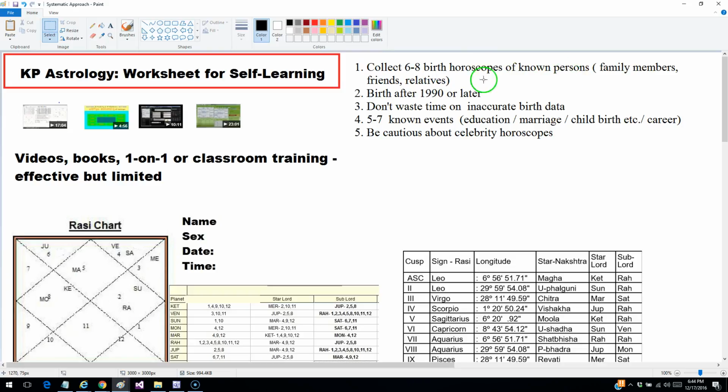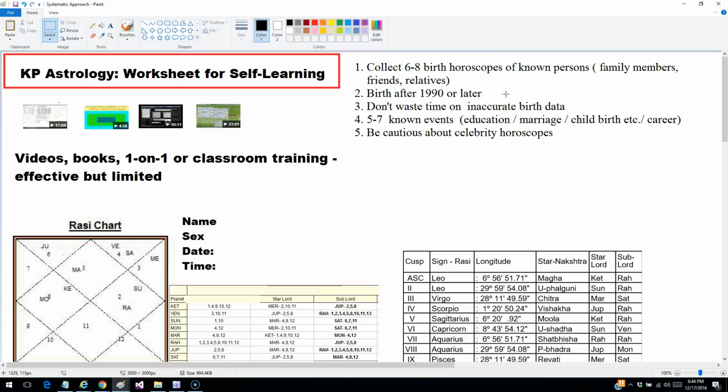Why I'm saying known persons is because you have to be sure that their birth data is correct, and preferably if the birth is after 1990 or later, because I don't know, maybe before 1990, in the 80s or 70s, the family members, the hospitals, nursing homes, and parents were a little lax about noting down the exact time of birth.